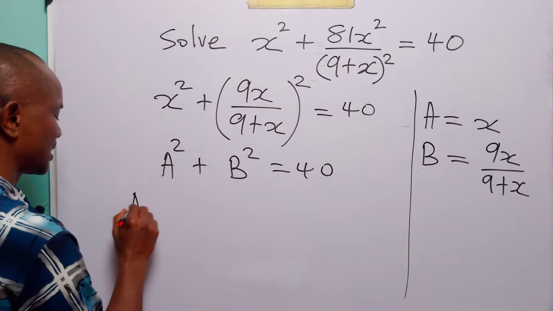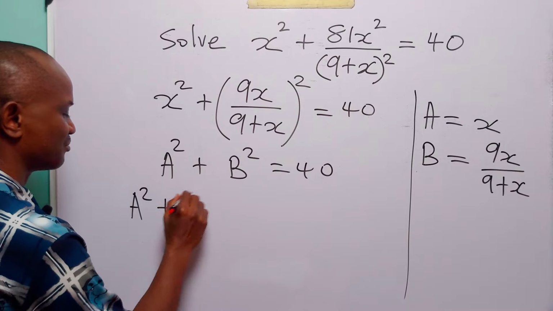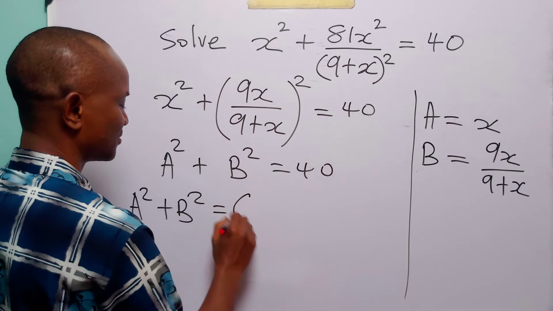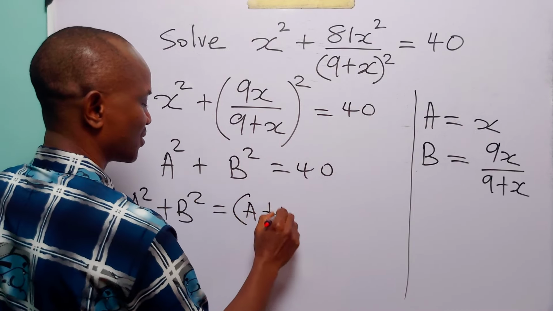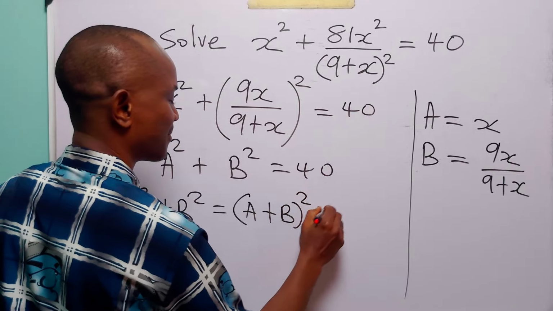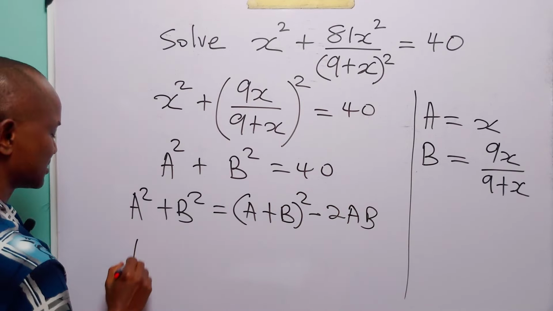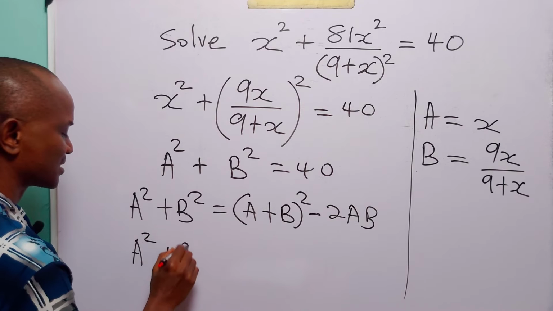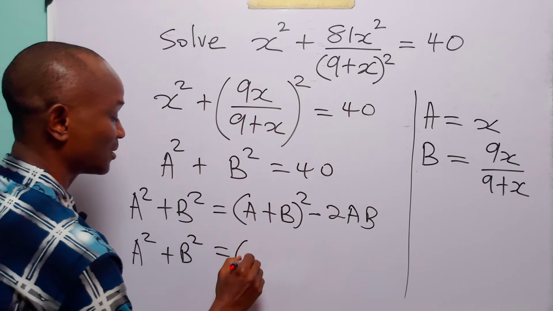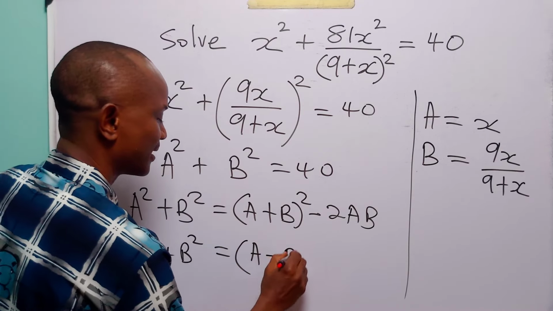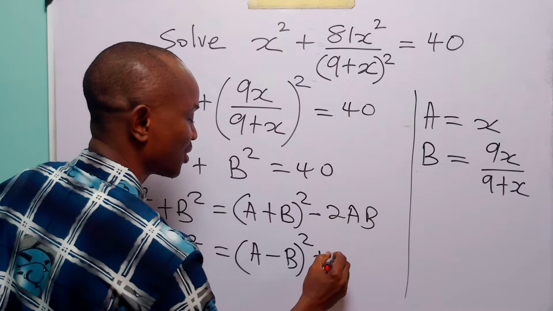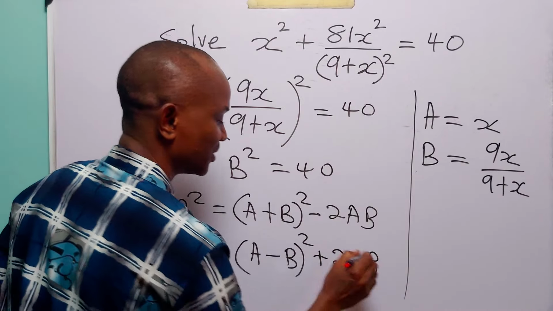We have a squared plus b squared is equal to a plus b squared minus 2ab. And the second one is a squared plus b squared is equal to a minus b squared plus 2ab.